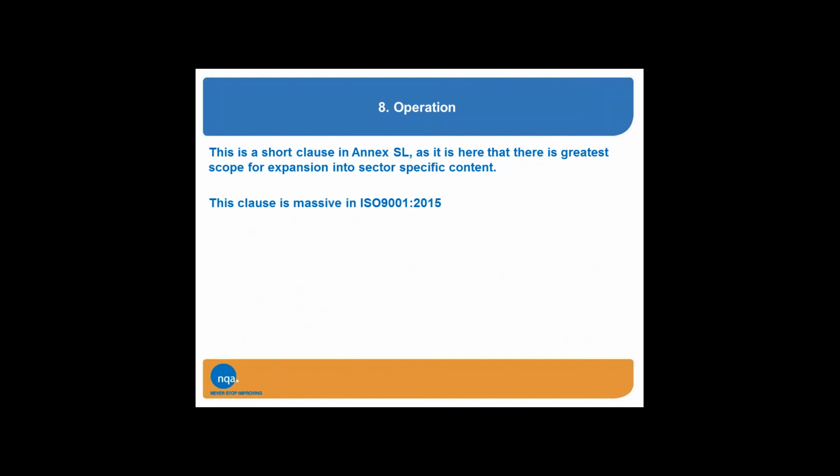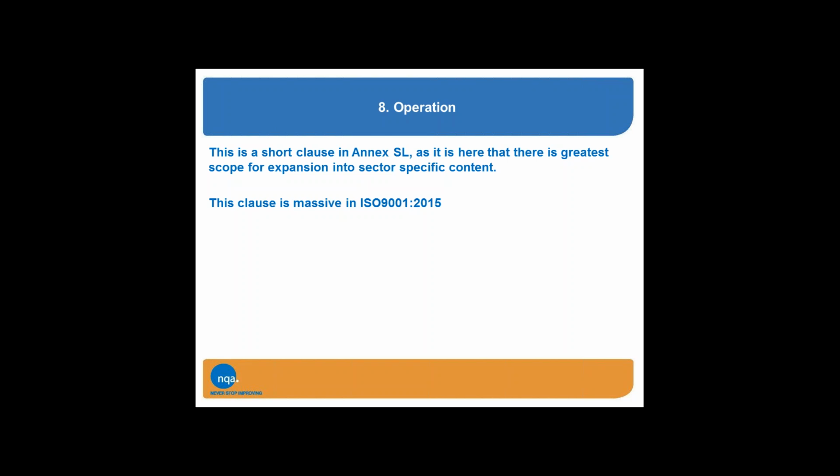Now we move to clause 8, operation. Now you might be thinking that so far I've referenced Annex SL a lot and indicated that a significant amount of the requirements that we've looked at are addressed through Annex SL, and yet I said early on that 30% of the standard was Annex SL.